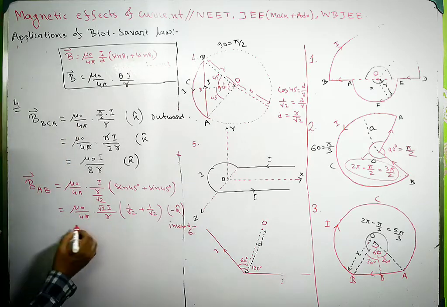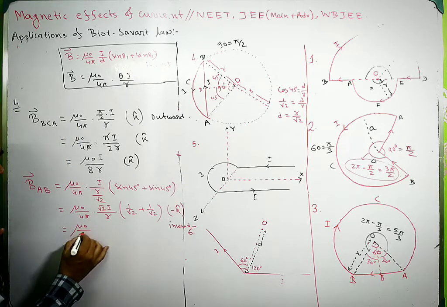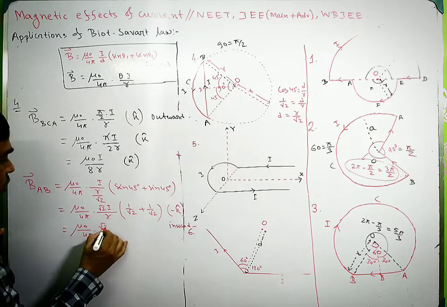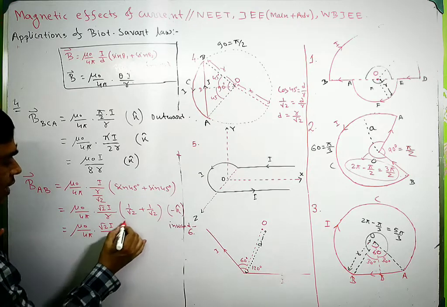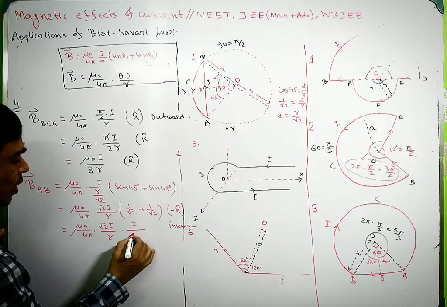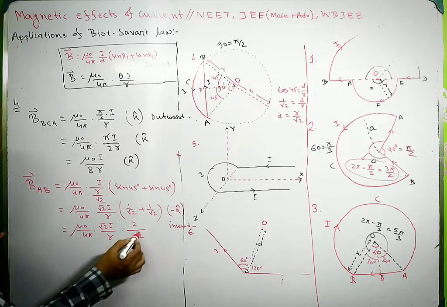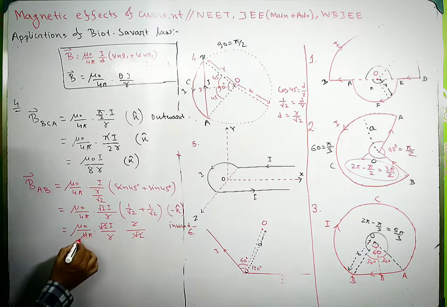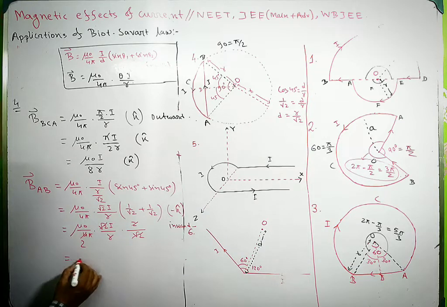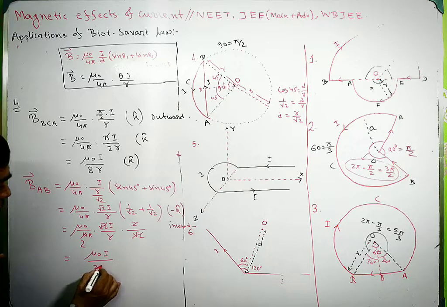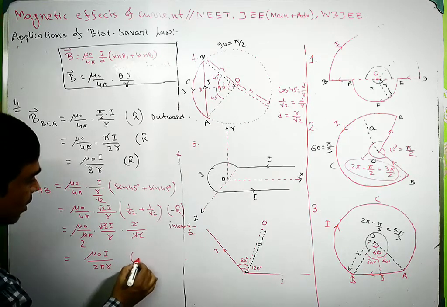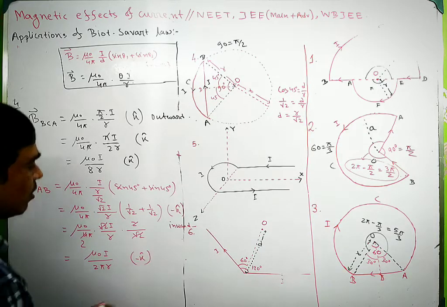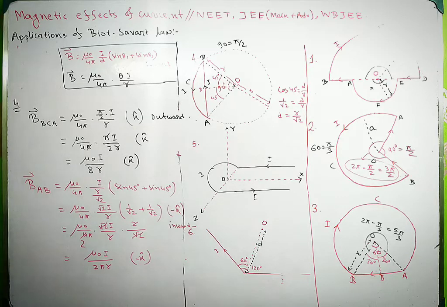Okay, so it will be mu 0 by 4 pi root 2 I by R, this will be 2 by root 2. So the root 2 cancels out, and the 2 cancels out, so it will be mu 0 I divided by 2 pi R, and the direction of the magnetic field is along the minus z axis.